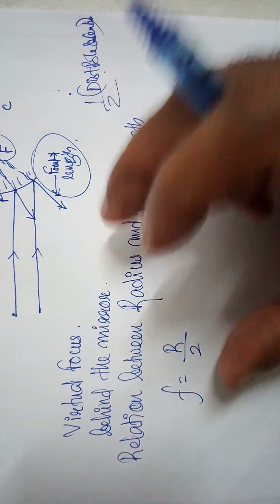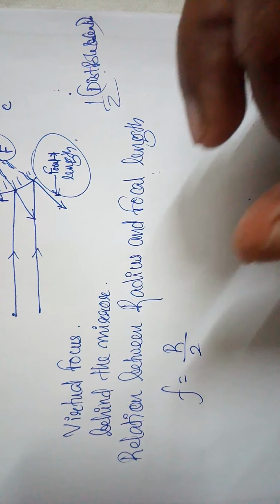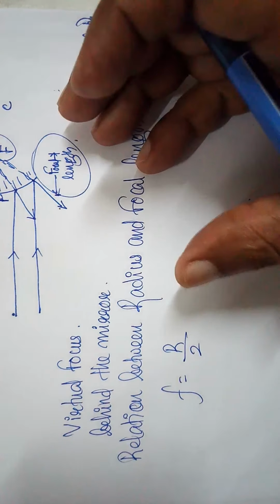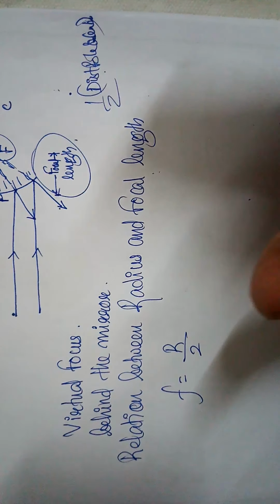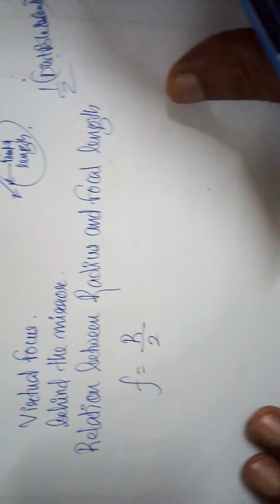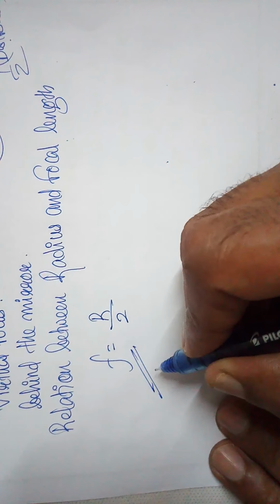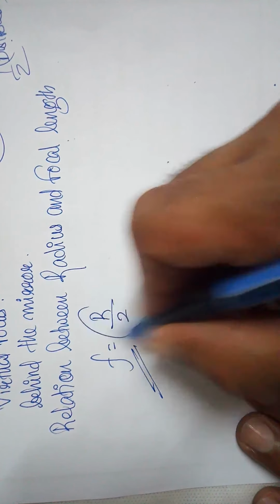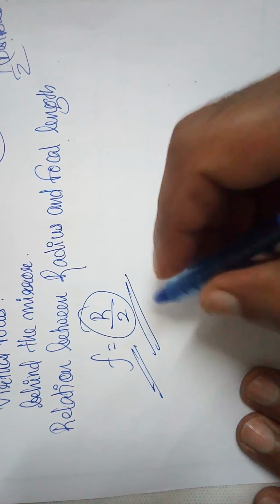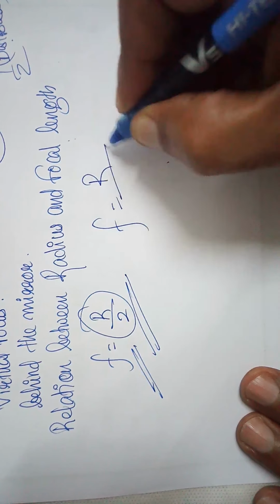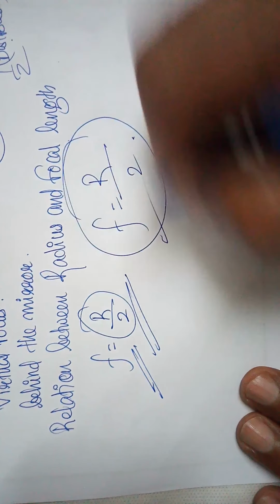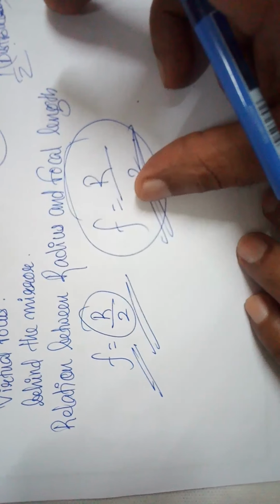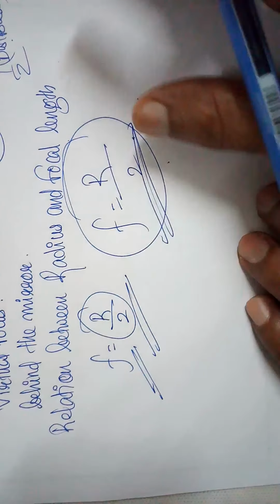So the focal length of the spherical mirror, like a concave mirror or a convex mirror, is equal to half of its radius of curvature. We can denote that as f = R/2, where R is the radius of curvature. This is the focal length of a concave mirror or a convex mirror.